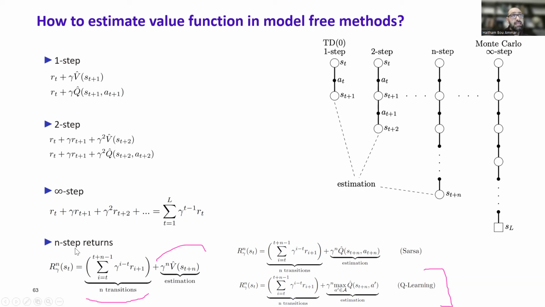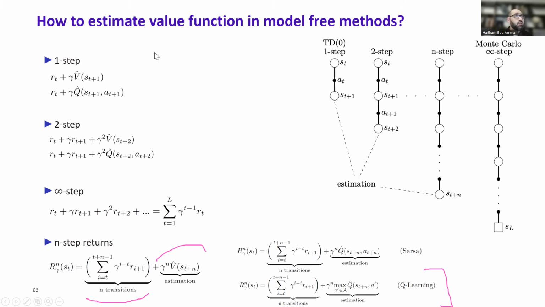Or we can do it via n steps, where we take n steps, observe the rewards, and then after we've taken n steps, at t plus n, we try to estimate from that moment onward what the Q value would have looked like. And this is depicted pictorially here, where after one step you do an estimation, or after two steps, or after n steps, or you just don't, and then you do a Monte Carlo estimate.